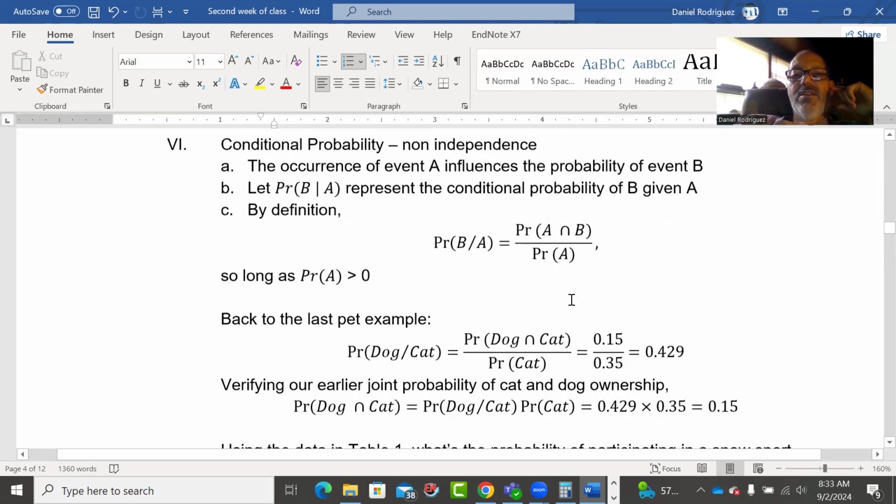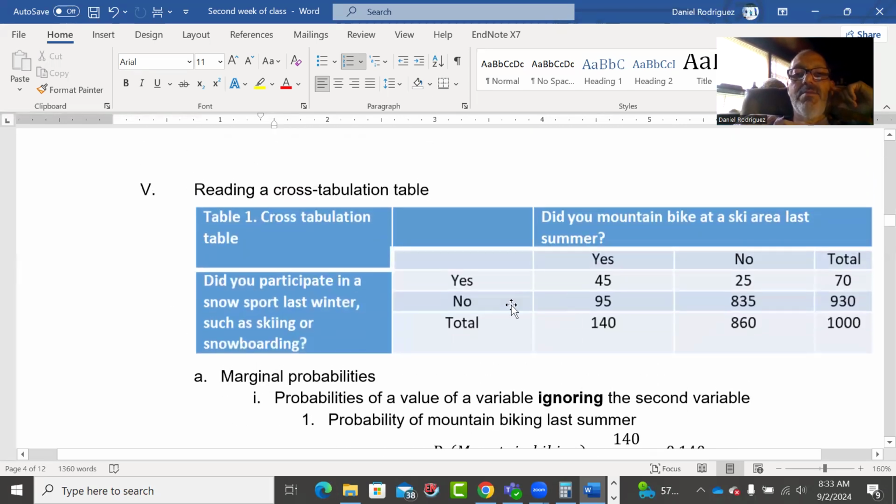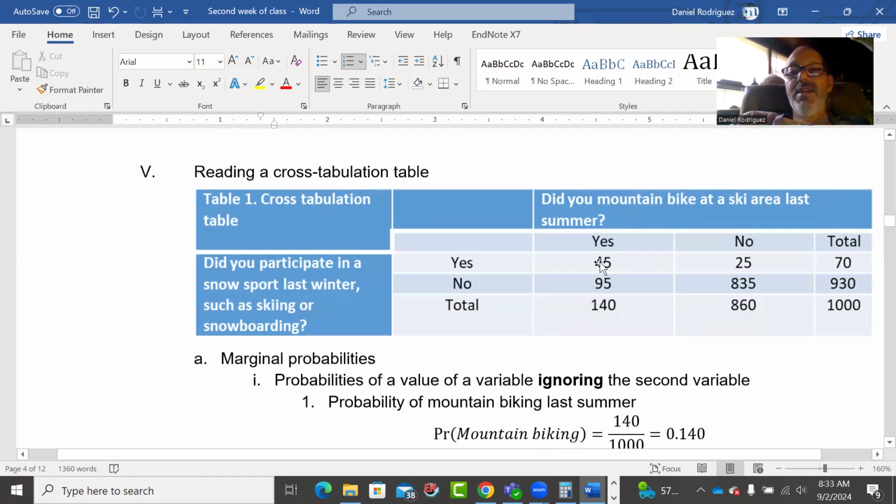Okay, if I have a contingency table, that's yes to snow sport and yes to mountain bike, and they intersect at 45, right? So 45 out of 1,000 people both skied or snowboarded and mountain biked. Okay, that's where they meet. That's where they intersect. That's a joint point.